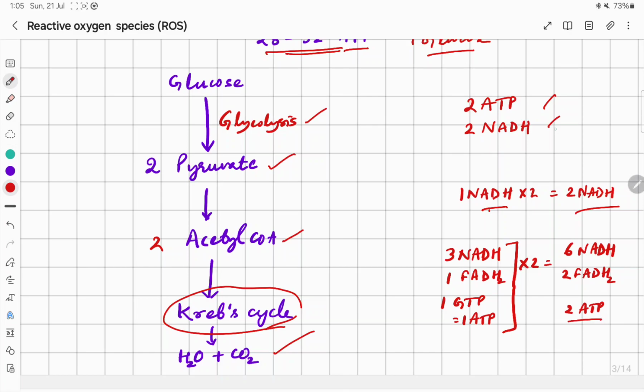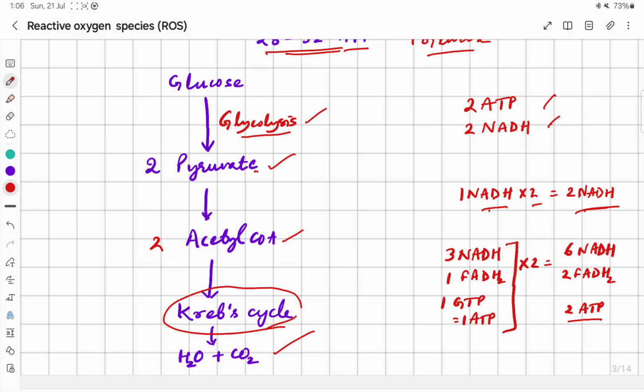In glycolysis there is production of 2 NADH, and during the conversion of pyruvic acid to acetyl coenzyme A there is production of 1 NADH, so 1 glucose is converted to 2 pyruvate in glycolysis, and from 2 pyruvates 2 NADH will be there. During the Krebs cycle, from one acetyl coenzyme A there will be production of 3 NADH, 1 FADH2 and 1 GTP.